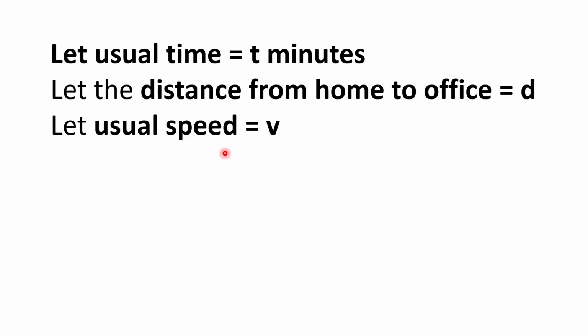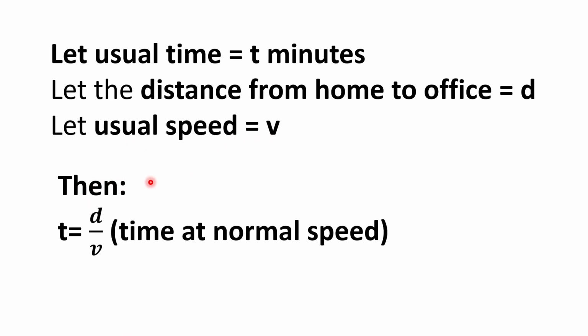Then we will use the speed formula, velocity equals distance divided by time, but here we will write this formula in terms of time. So time equals distance divided by speed or velocity. So this t is the time as mentioned over here, d is distance and v is velocity. So this is time at normal speed.